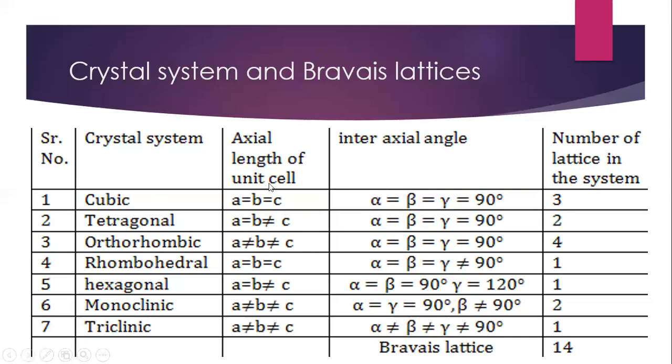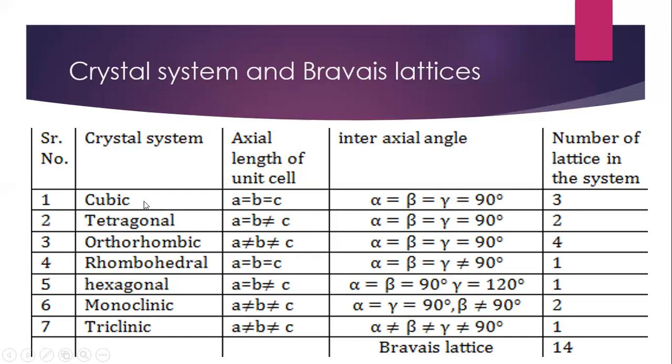So here first we will see what the crystal systems are. There are cubic, tetragonal, orthorhombic, rhombohedral, hexagonal, monoclinic, and triclinic. Cubic is further divided into 3 types. Here we can see the axial length of the unit cell and the interaxial angle.